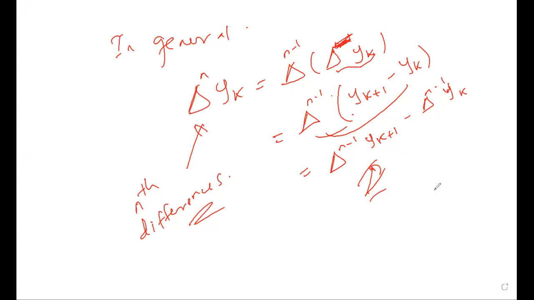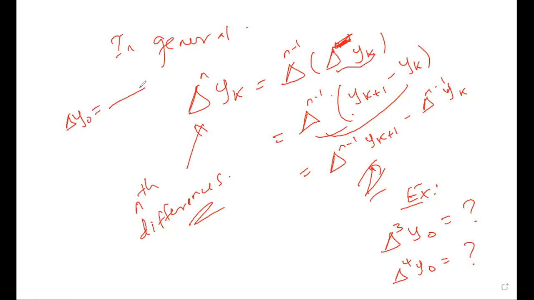Okay, do this as homework. Exercise: find the answer for delta cube y naught. Similarly, delta 4 y naught. So find the answer for this one also. As you know, delta y naught will be what? Can you answer me this one?